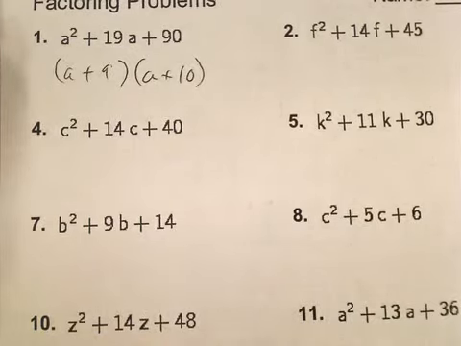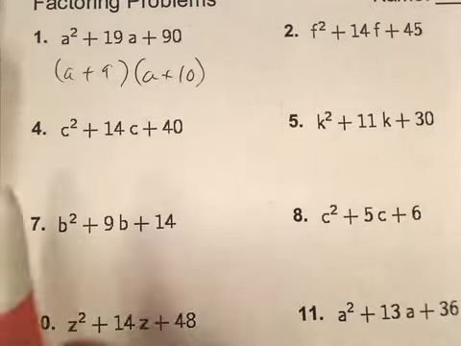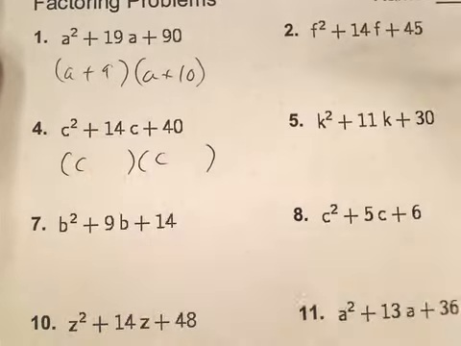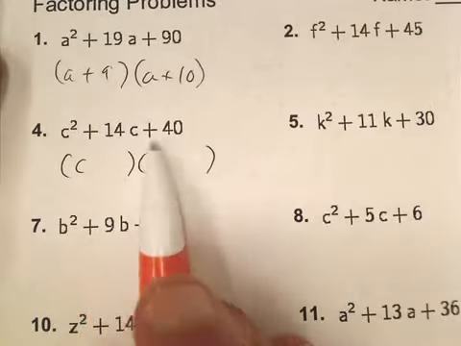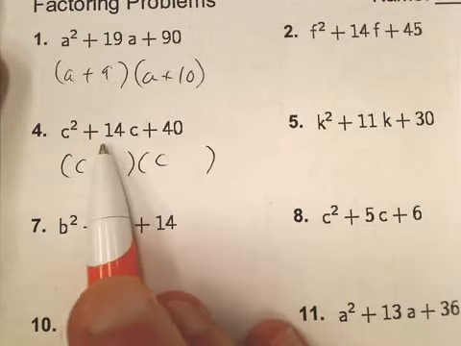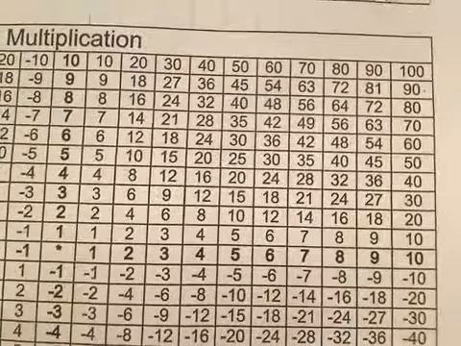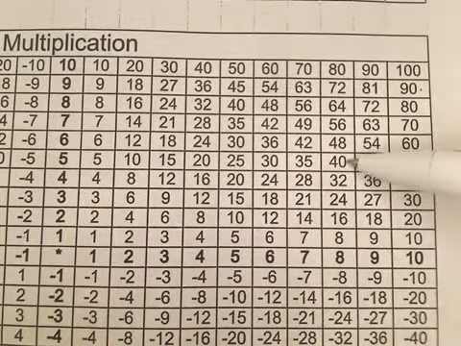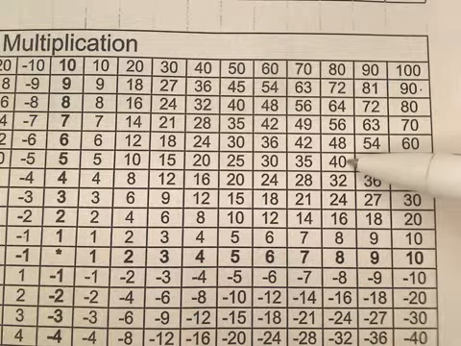We're going to do a couple more here. So look at the next one, number 4. That's going to be a C. So C and a C. I want numbers that multiply to 40 and add to 14. All right. So with multiply to 40, I have a couple of choices here. Let me look over here. For multiply to 40, I have 8 times 5, but 8 plus 5 isn't 14.